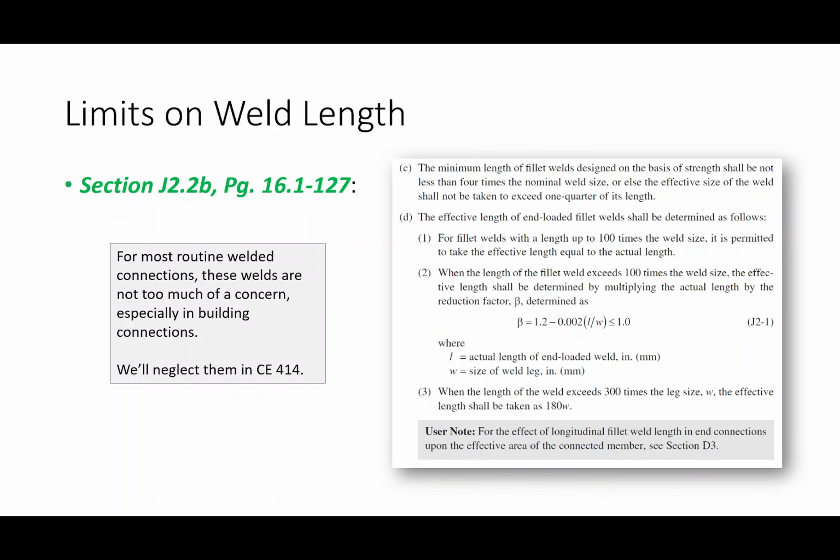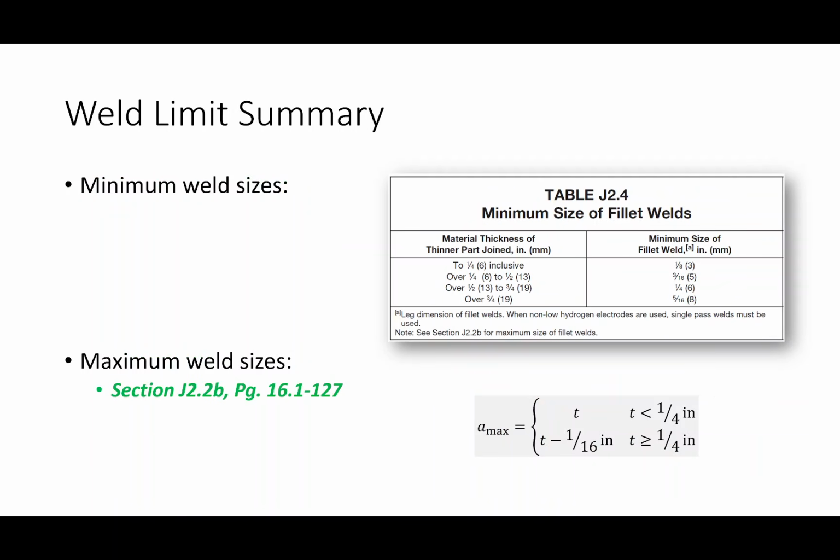So basically what the spec is saying is that if your weld gets too long, you do result in a little bit of a loss in efficiency, so you have to back off the capacity a little bit. But for most of the routine connections that we're going to be dealing with, we're not going to get anywhere near that, so we're just not going to worry about it, at least in this class. Okay? So really all you need to worry about for weld limits are a minimum weld size and a maximum weld size. Minimum weld size you look up, maximum weld size you compute.